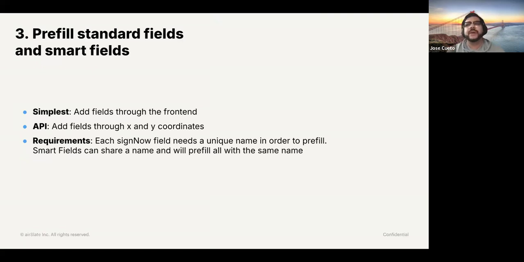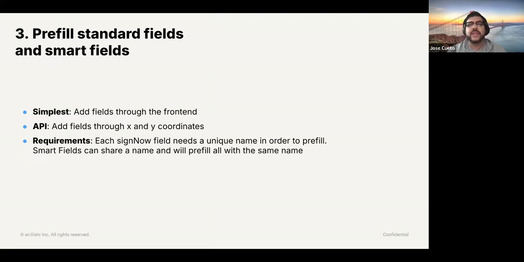Now, let's cover a couple of options in pre-filling. We've got two different types of pre-filling. One is pre-filling through pre-filled text, which is more like a suggested text. This means that when the users go in to sign, they will see that their fields have some information in them and be able to change it.